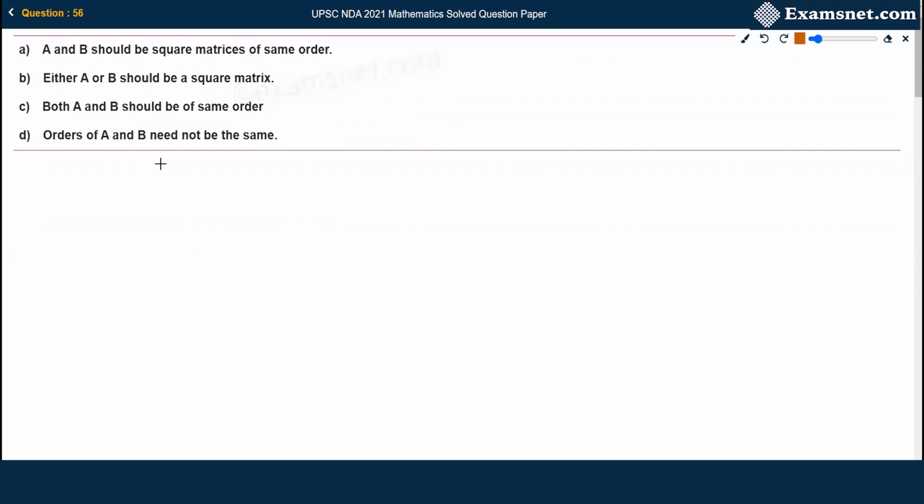A is a matrix of order a by b, where a is the number of rows and b is the number of columns. And let's say B is another matrix of order p by q, where p is the number of rows and q is the number of columns, correct?